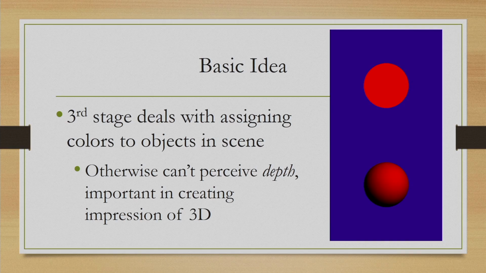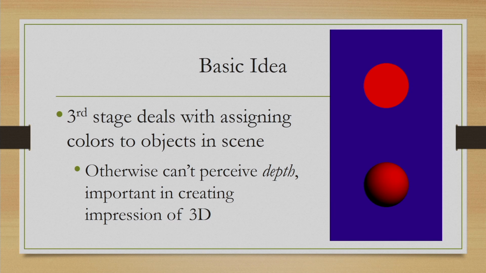So, why is that important? Let us have a look at the example figures shown on the right hand side of the screen. Here, as you can see in the top figure, we have one object which we have assigned color to, and there is another object at the bottom where again we have assigned color.